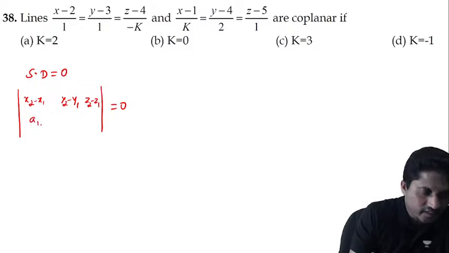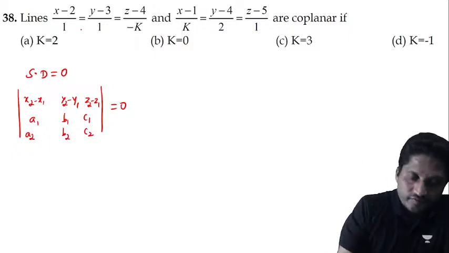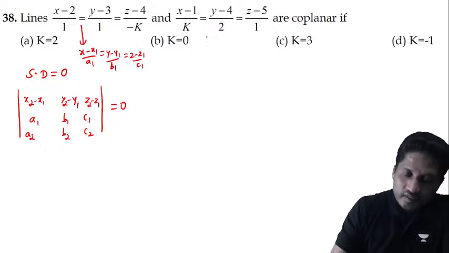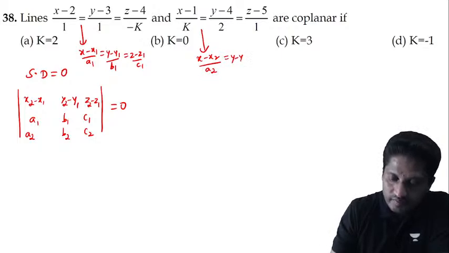drs of the first line is a1, b1 and c1 and drs of the second line is a2, b2 and c2. Right, now this is of the form x minus x1 by a1 is equal to y minus y1 by b1 is equal to z minus z1 by c1, and this is of the form x minus x2 by a2 is equal to y minus y2 by b2 is equal to z minus z2 by c2.